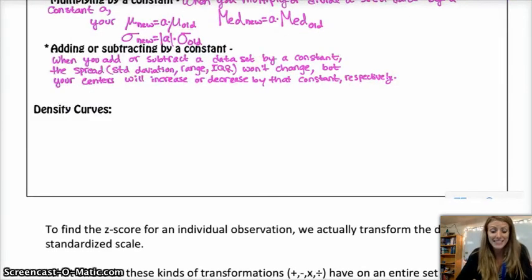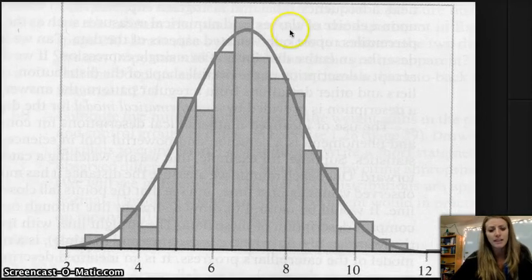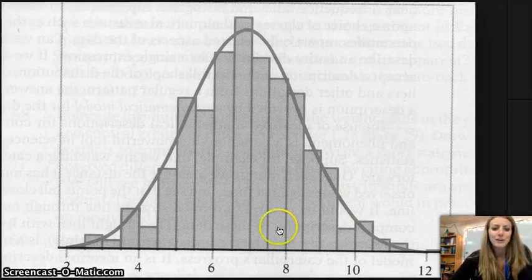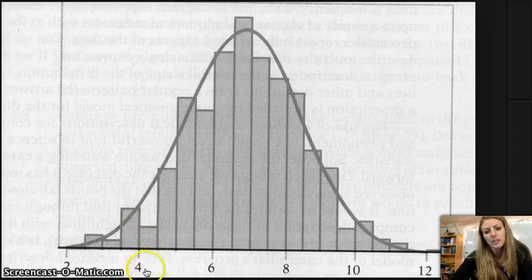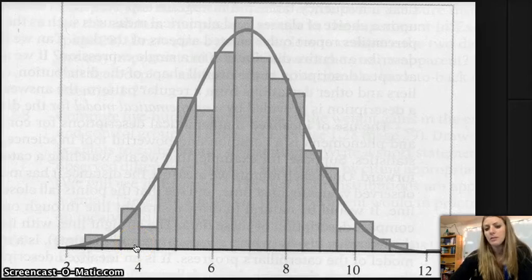So next is a density curve, and I'm basically going to just show you what a density curve is and give you a couple things that you need in order for a curve to be a density curve. So say, for example, you have a histogram, like the one shown. So if you notice, say these are number of siblings, number of pets or something.